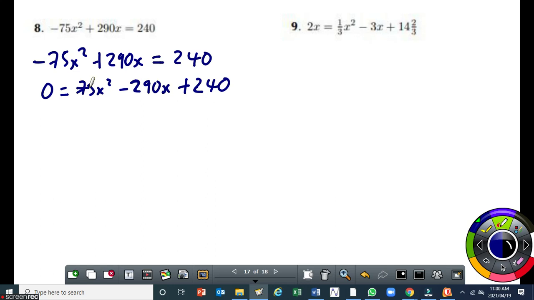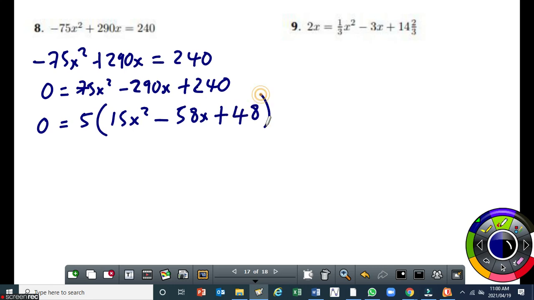The first common factor will be a 5. If I take out a common factor of 5, I'll get 15x squared minus 58x plus, that's 5 into 20, that's a 4, remainder 4, so we get 48.